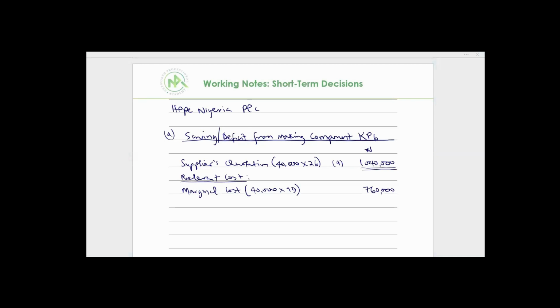I can call it contribution loss or opportunity cost. So contribution loss of 4,000 units multiplied by 80 naira.